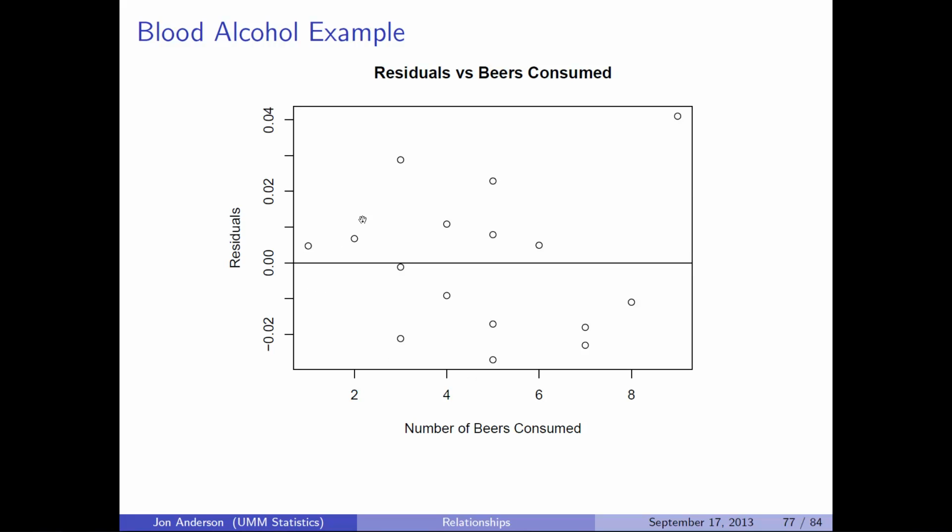And what you're hoping for, a good summary line will go through points such that residuals will be evenly balanced above and below 0 throughout the display.